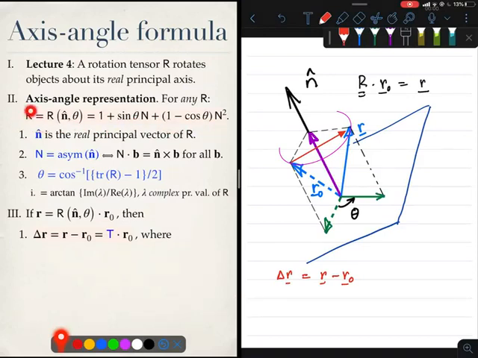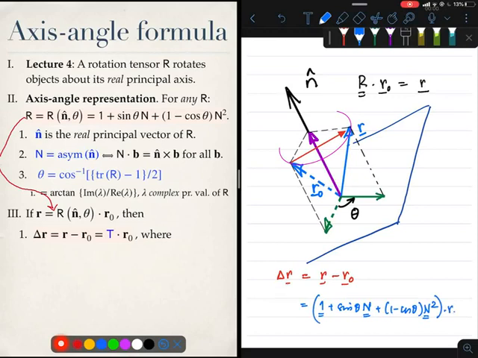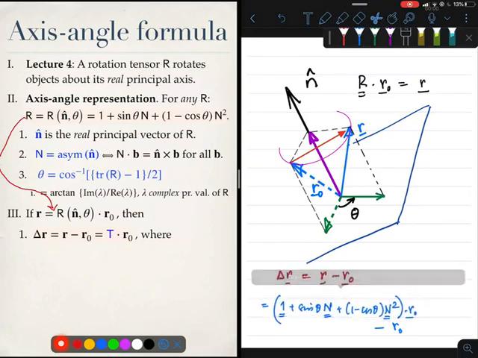I can take capital R and substitute this formula over here. So then I will get 1 plus sine theta N plus 1 minus cosine theta N square times r0, minus r0. Let me create some space here, and bring this over there. So that's delta R.